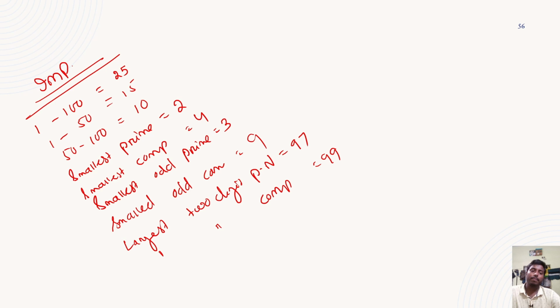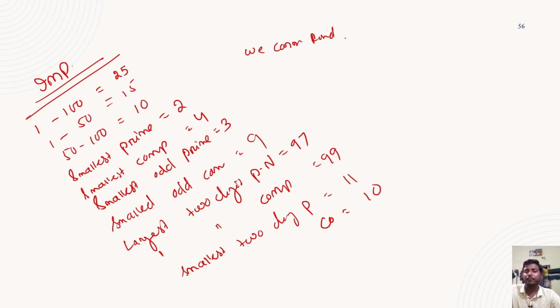Okay. Then the smallest 2-digit prime number is 11 and the smallest 2-digit composite number is 10. Okay. And we can't find the largest multiple of any number.